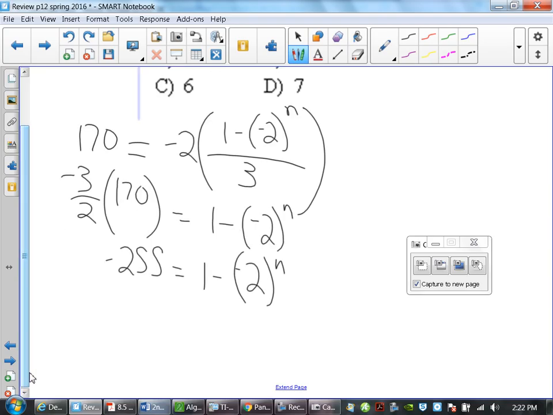And now you'll see that I'm going to bring the 2 over to the left, move the 255 over the other direction, and I get -2 to the what power is a positive 256. Has to be even. Yes, sir. I'm just seeing this real quick, but if you added 255, you have the 1 minus 2. Am I seeing that wrong?